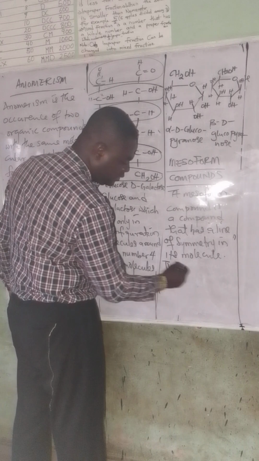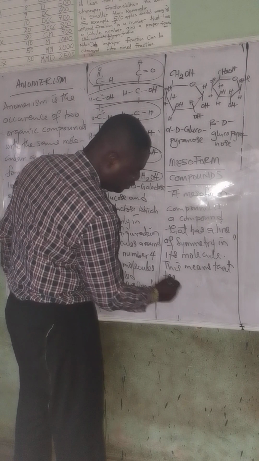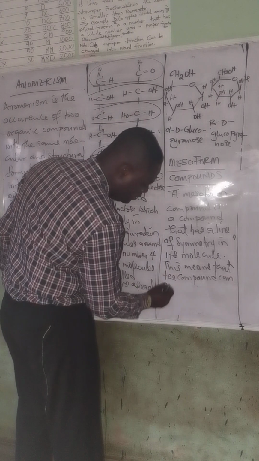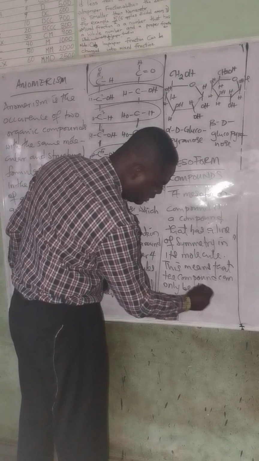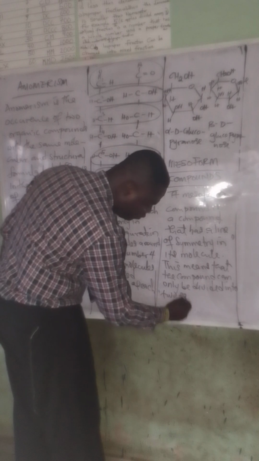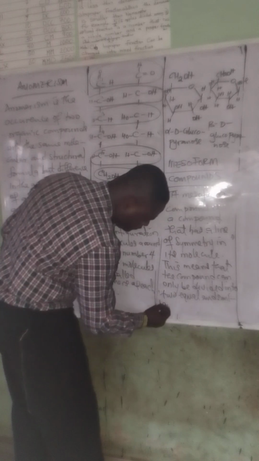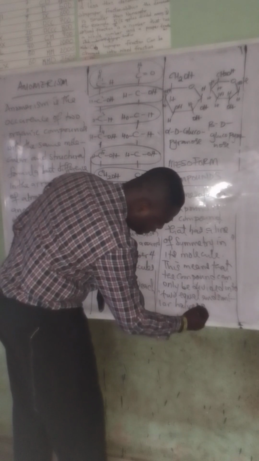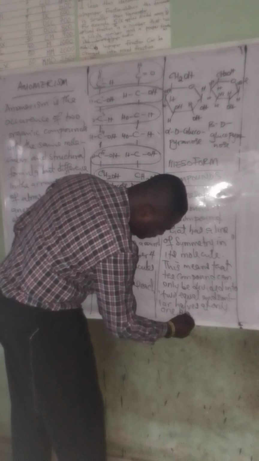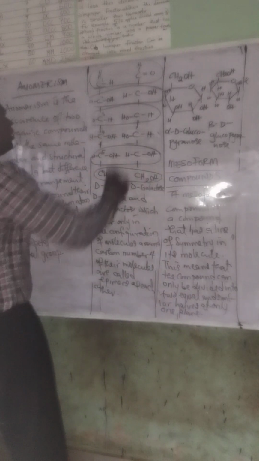This means that the compound can only be divided into two equal and similar halves at only one plane. And as such, the compound is said to be bilaterally symmetrical.